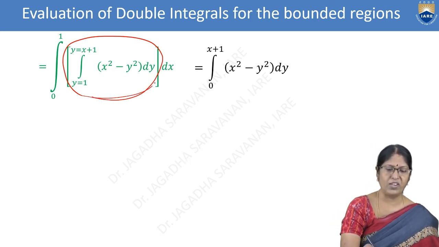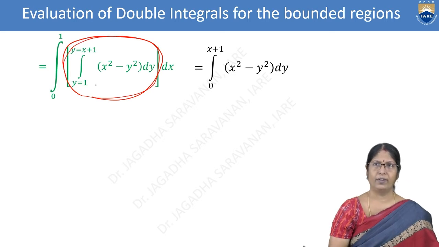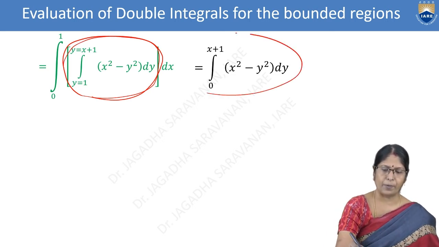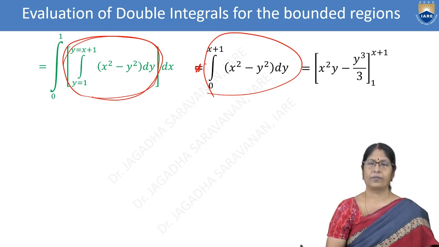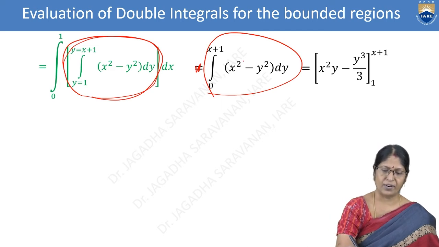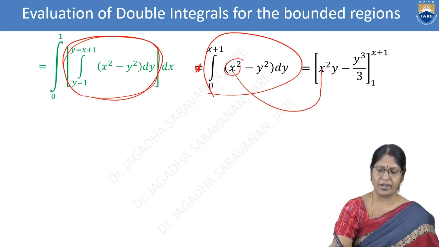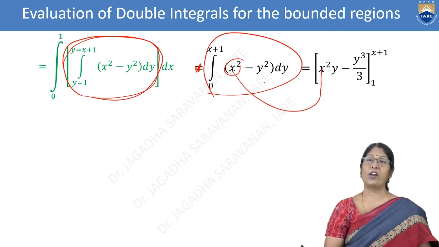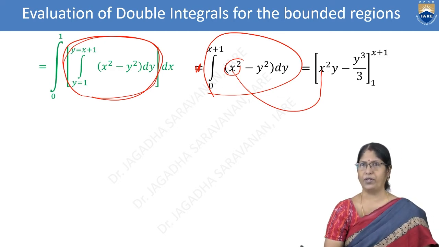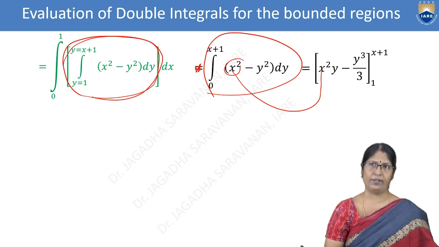Now this interior integration we have written here separately. We are going to do it with respect to y. That is the reason x square is treated as constant. We can use the word partial integration here also. Nothing wrong in it.